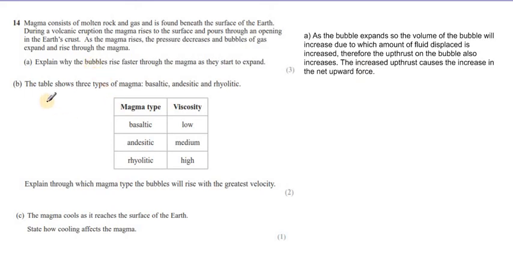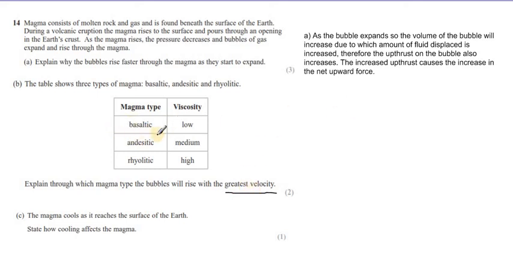Okay, part B. The table shows three types of magma: basaltic, andesitic, and rhyolitic, with viscosity low, medium, high. Explain through which magma type the bubble will rise with the greatest velocity. Greatest velocity means less drag, and drag depends on the viscosity.